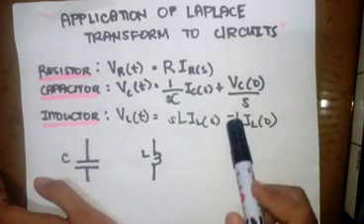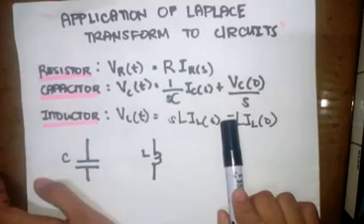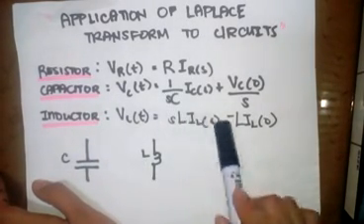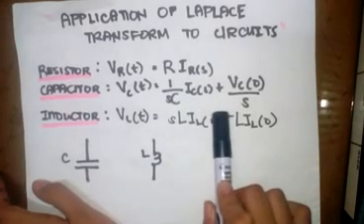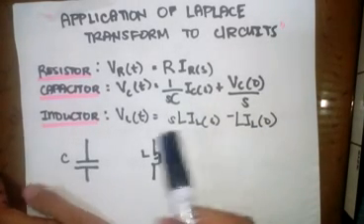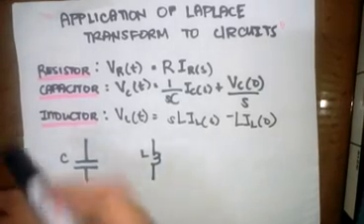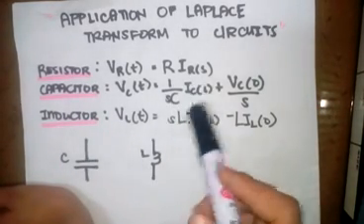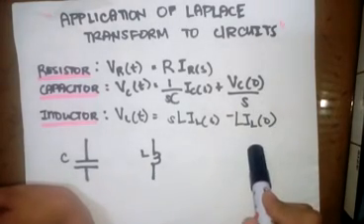Here we have a negative sign because the voltage drop across an inductor is subtracted by the voltage that resists the current even before the switch happens or the switch is on.